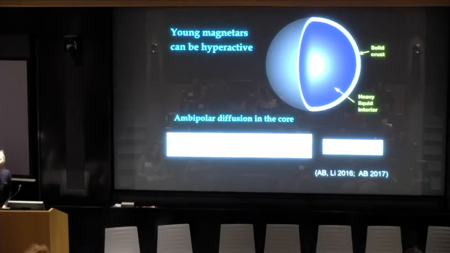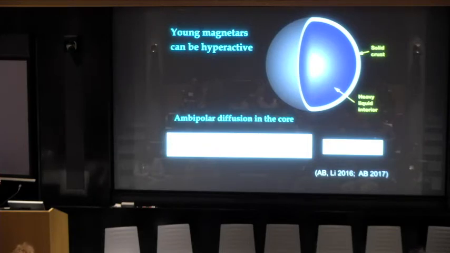Okay, so the basic idea for the FRB application is that, unlike the magnetars that we see, which are typically kiloyears old, a young magnetar, 30 years old, less than a century old, can be hyperactive. And actually there is theoretical confirmation of this possibility.